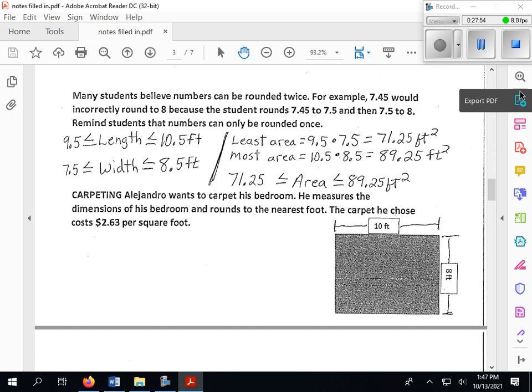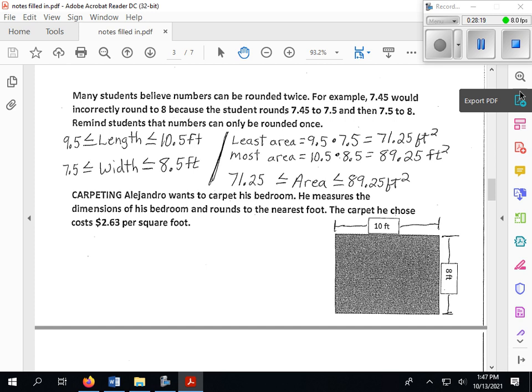Once we know this is the area, could we figure out the cost? How would we figure out the cost? You might want to get out your calculator and help me. Multiply 89.25 times $2.63. What is that? 234.73.